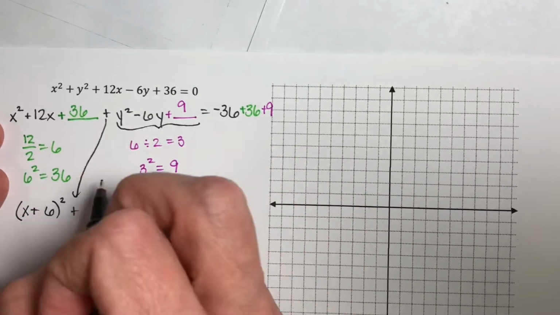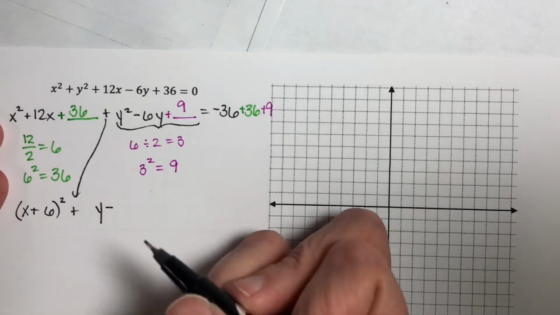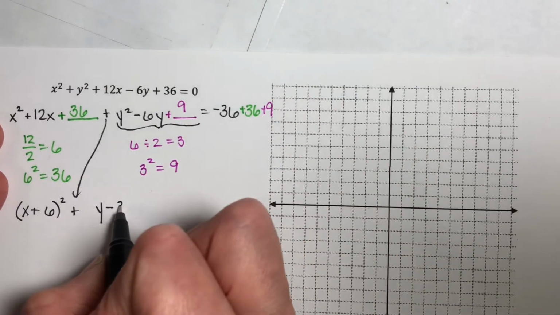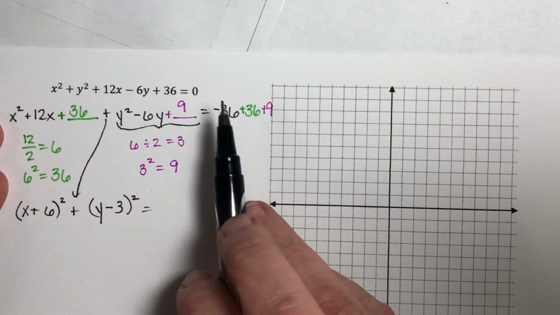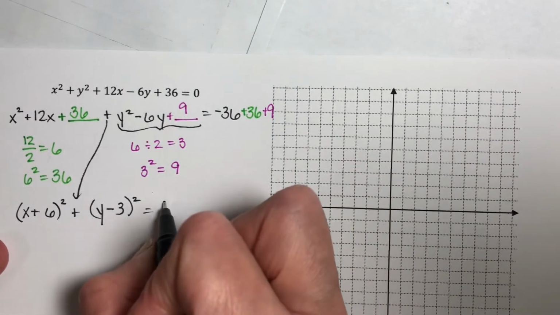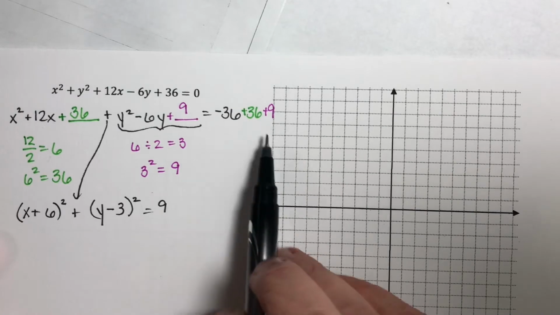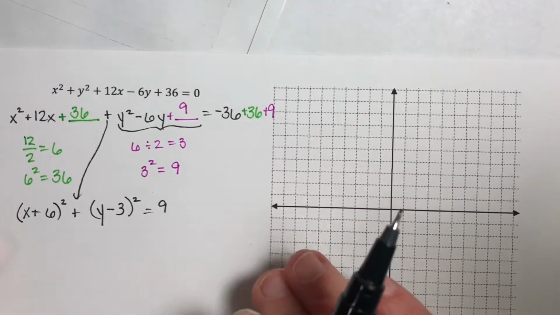The square root of y squared is y. This is a minus, so this is a minus. The square root of 9 is 3. Squared is equal to negative 36 plus 36 is 0. 0 plus 9 is 9. Now, are you always going to have things that cancel out here? No. It happens a lot just because of the way they design the problems, but it's not guaranteed.